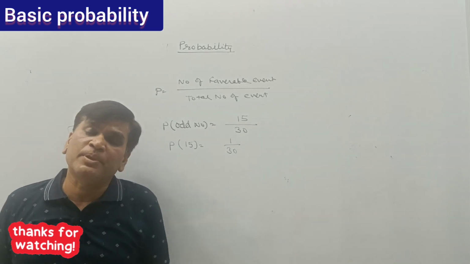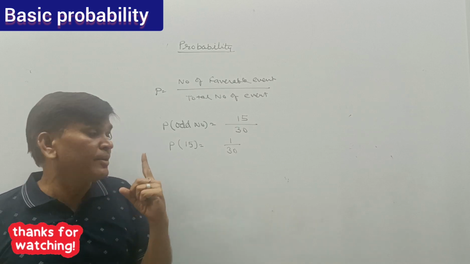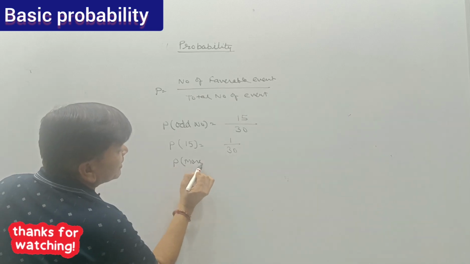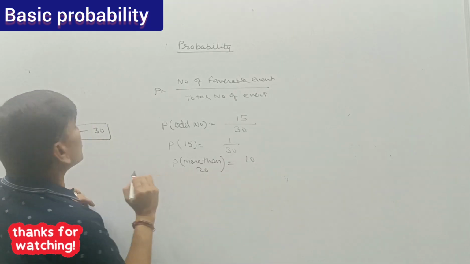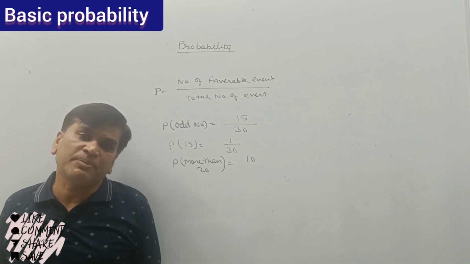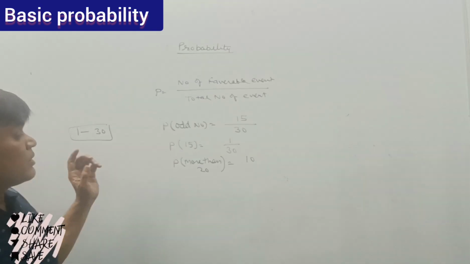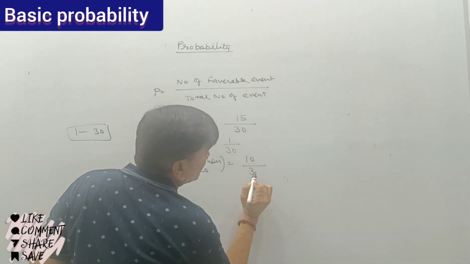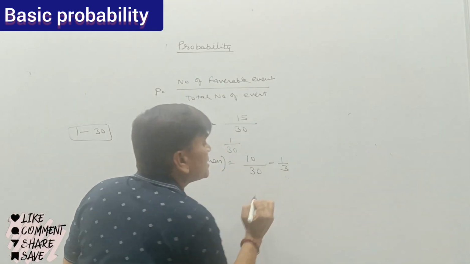If I want numbers more than 20, there are 10 numbers, that is 21, 22, 23, 24, 25, 26, 27, 28, 29 and 30. So favorable is 10 and the total is 30.